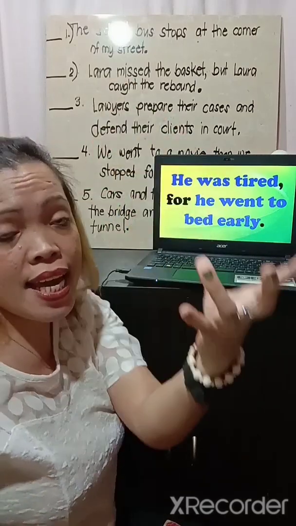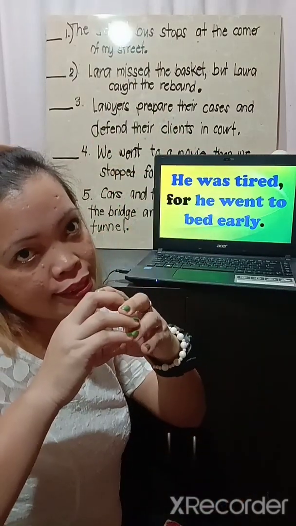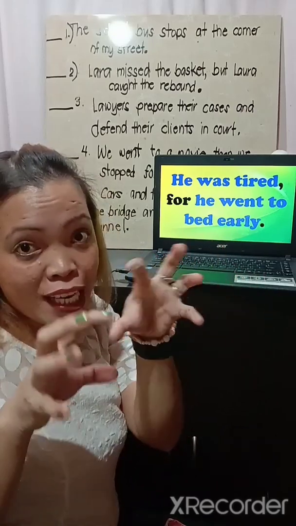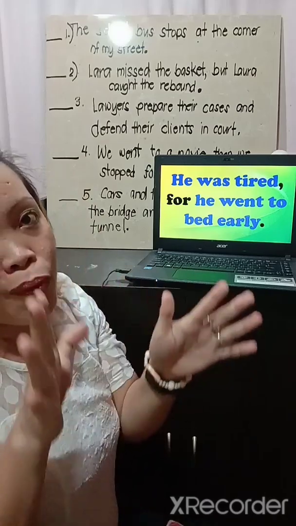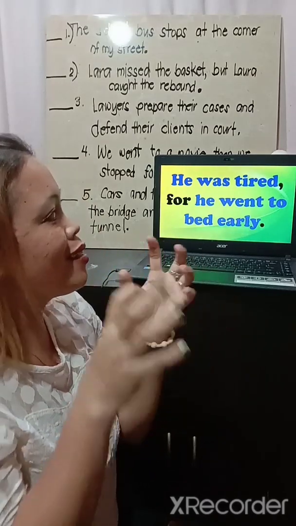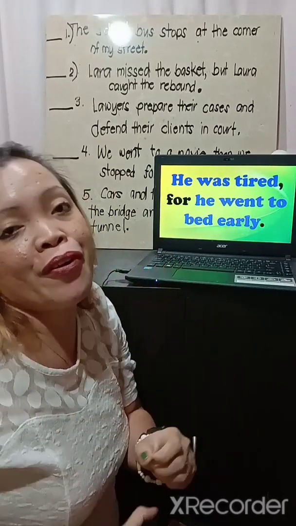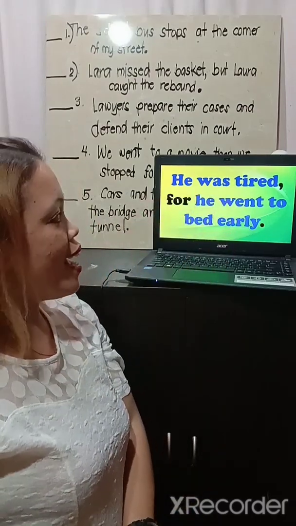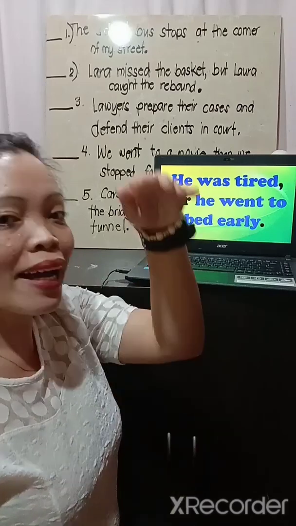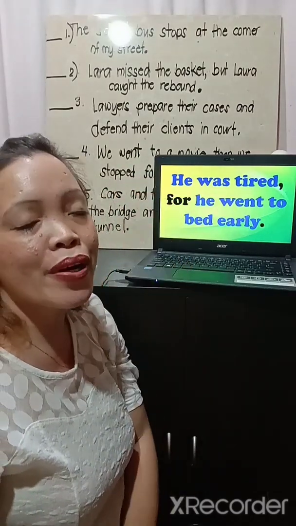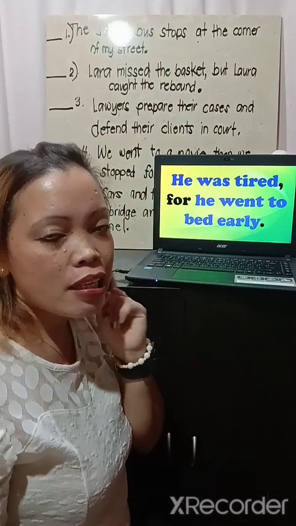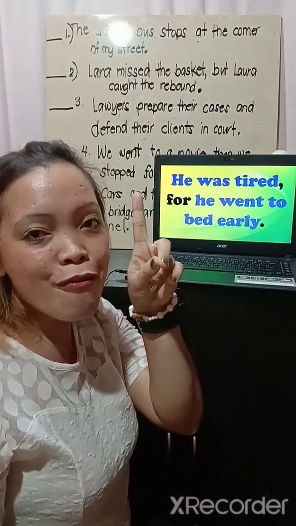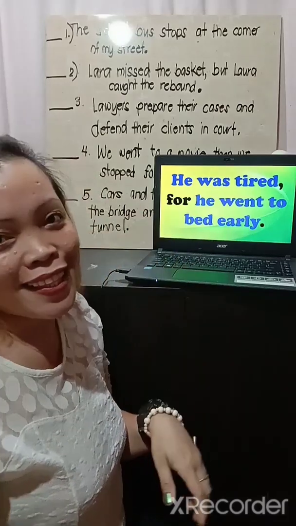So as you see, we have different sentences, but they are related to each other. It is made up of two independent clauses connected by the conjunction for, from FANBOYS, F for.